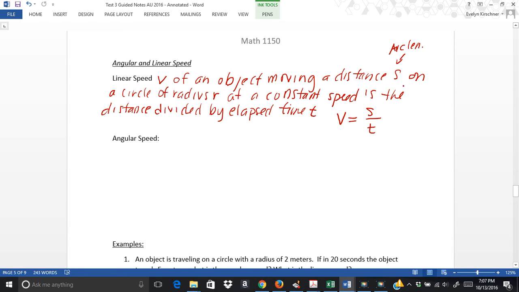But now we want to know that this distance s, which we typically call a distance s, has to do with the arc length. Now, angular speed is omega. It kind of looks like a w, but it's an omega.